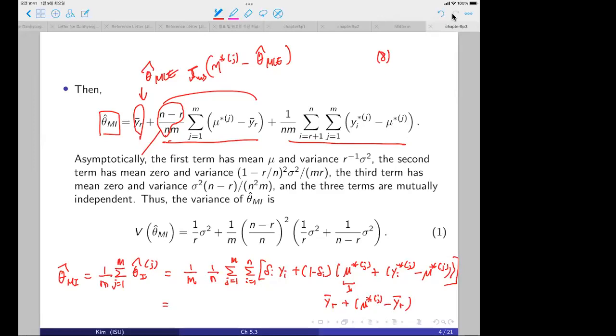You have three terms, and then you can simplify. That gives y bar r plus this one, m minus r. Basically, the first part takes care of the y, this guy plus this guy. Does that make sense or not?